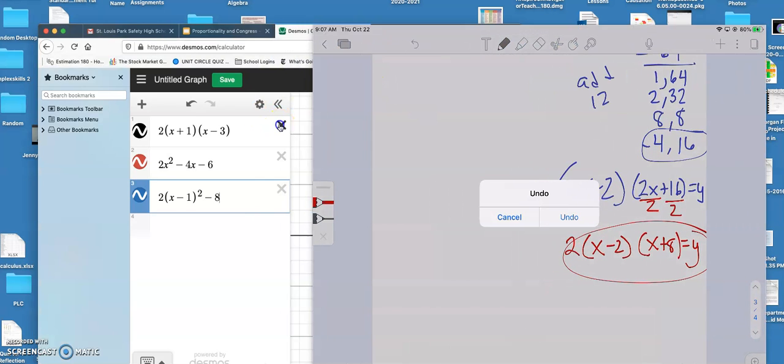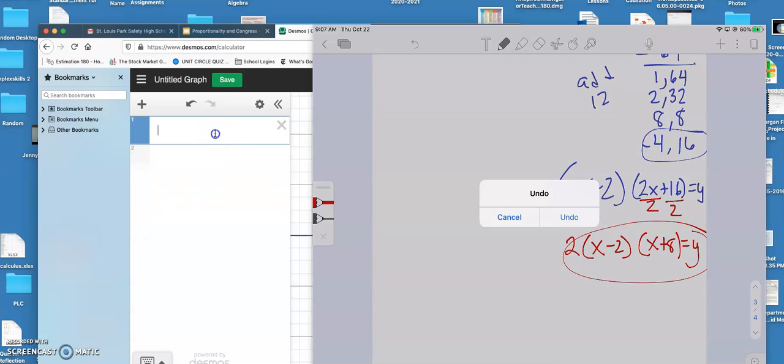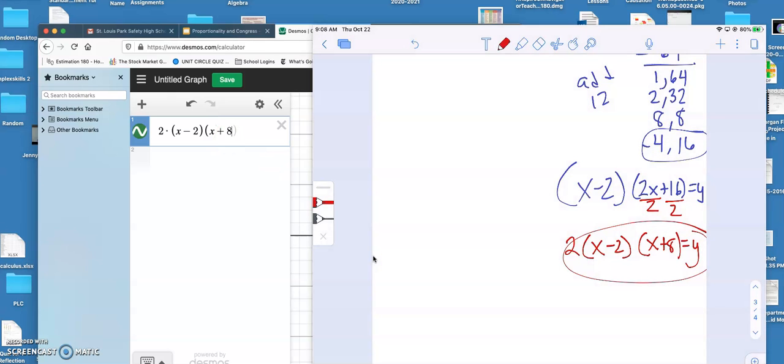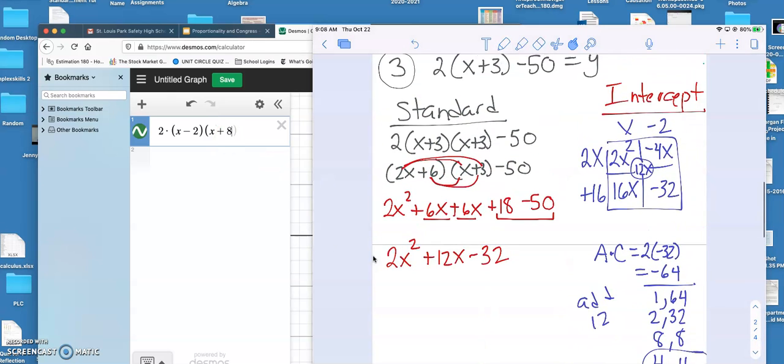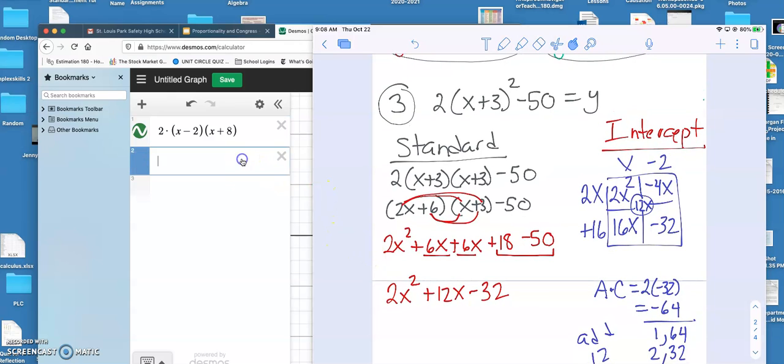So again, I like to always double check this, see if I got it right. So going back to Desmos here, 2 times (x minus 2), oops, forgot the parentheses, (x minus 2)(x plus 8). So there's one of them. Let's see, we had 2x squared plus 12x minus 32.